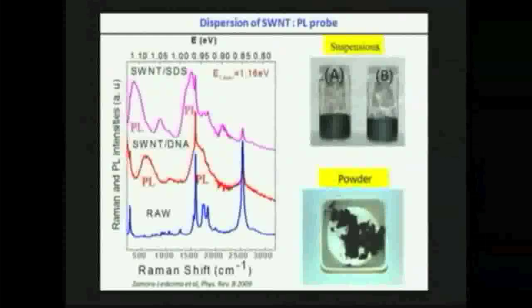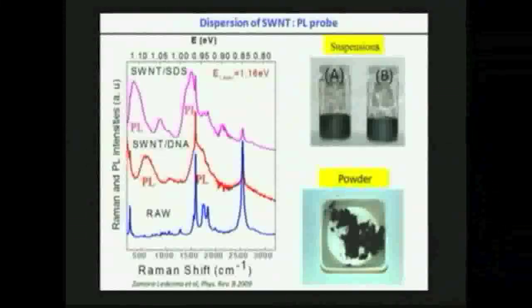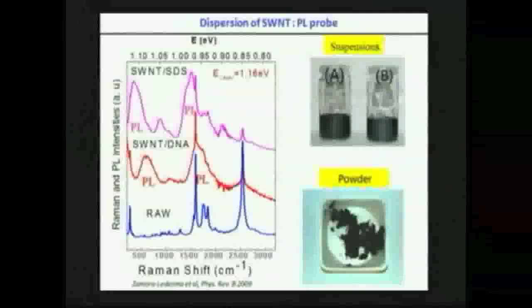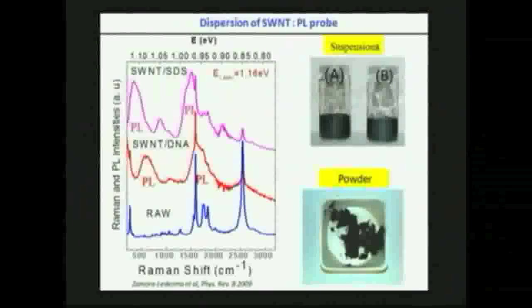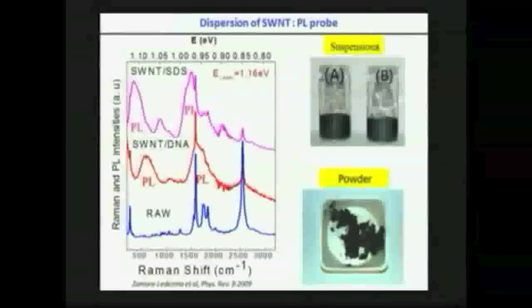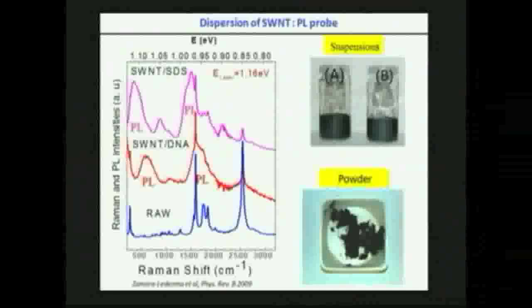But you will also be able to measure photoluminescence, because it occurs in the near infrared, very close to this energy. So the detector that you use for measuring Raman is also useful to measure the photoluminescence. This is the scale of the Raman measurements, and this is the scale of the photoluminescence measurements, which are carried out with the same detector.